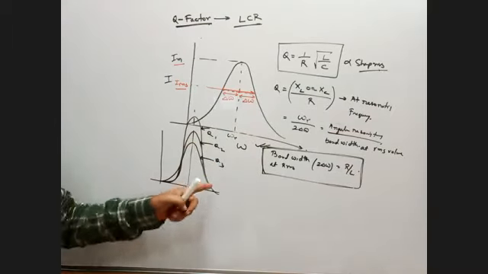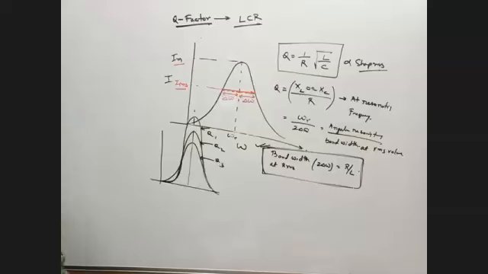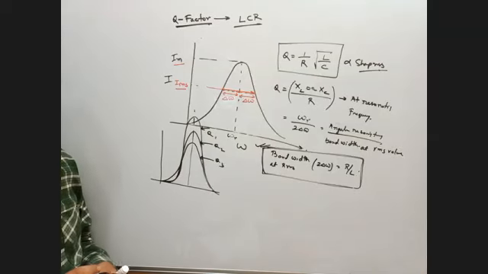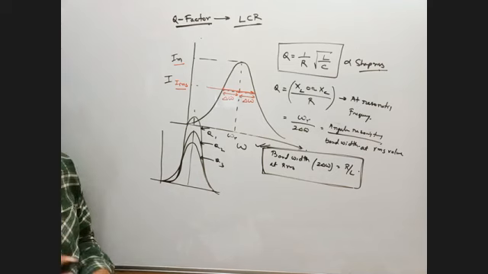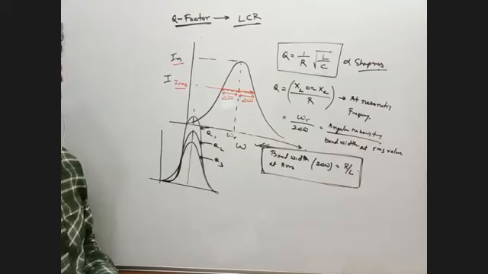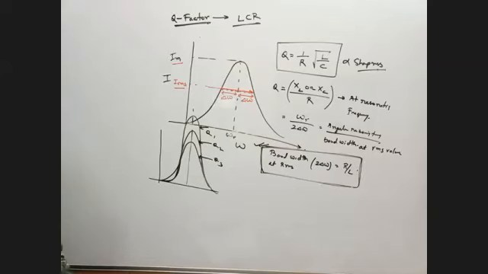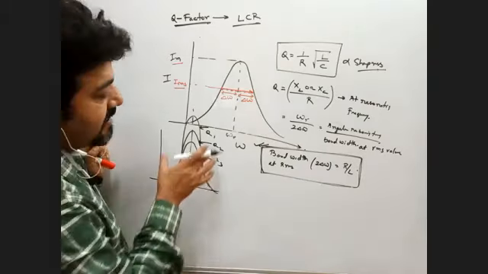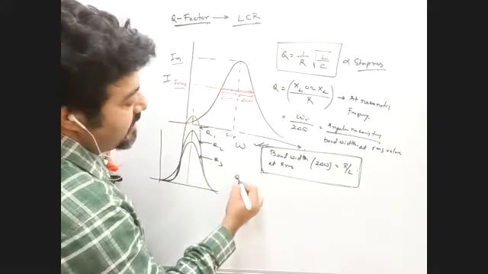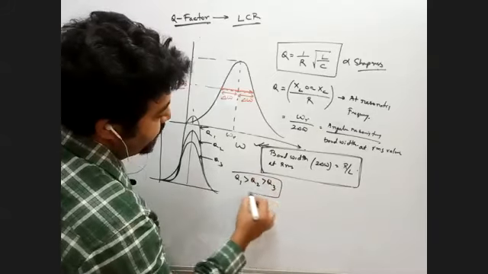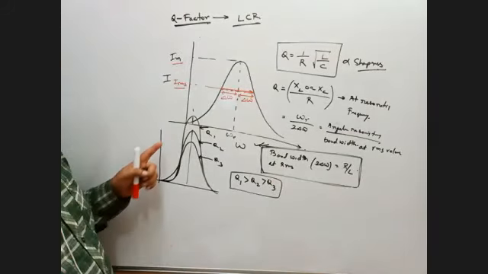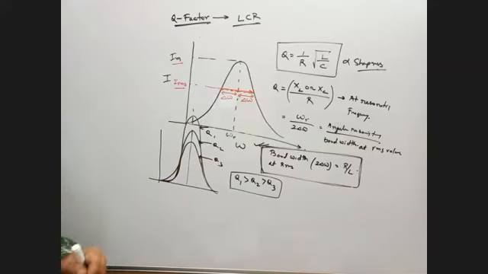So if they give you this type of question, and if they say whose Q factor is higher, so obviously whose sharpness is higher, Q factor is higher. So Q1, Q2 and then Q3.